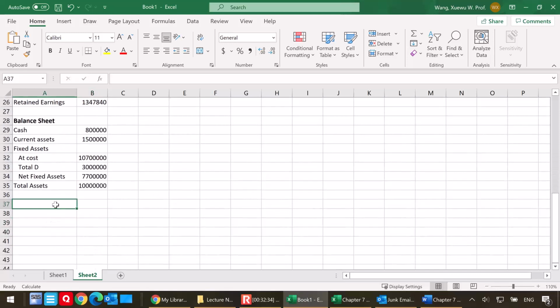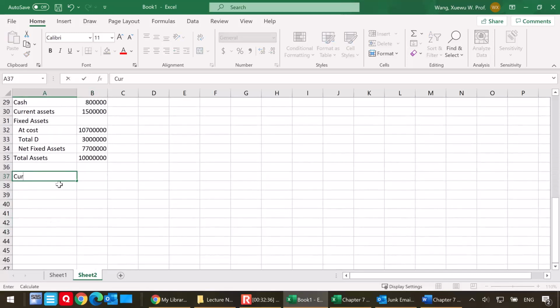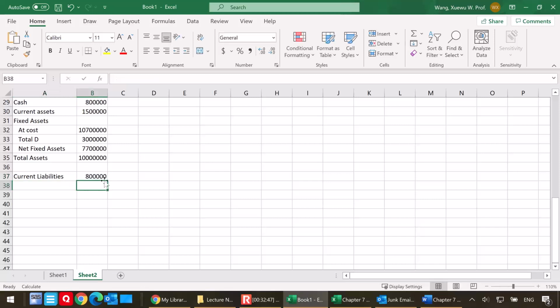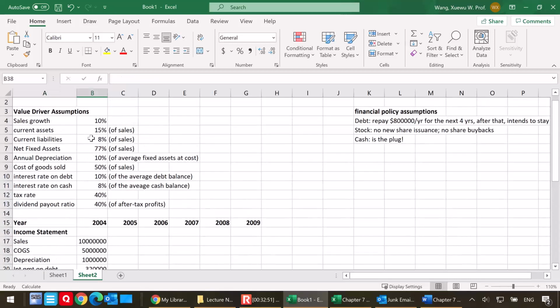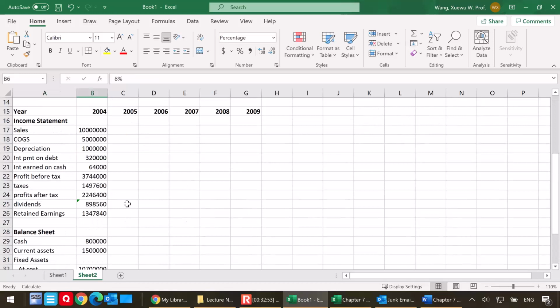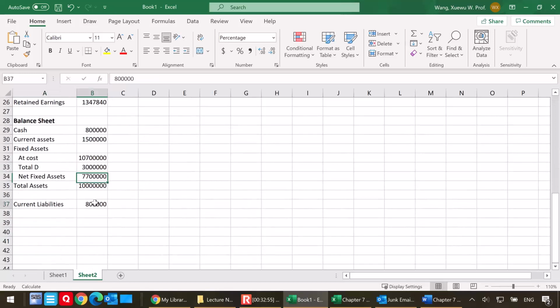Okay, so let's look at current liabilities. This actually is 800,000. So this can explain why you're saying current liability is 8% of sales, because your current liability is 800,000, your sales is 10 million.